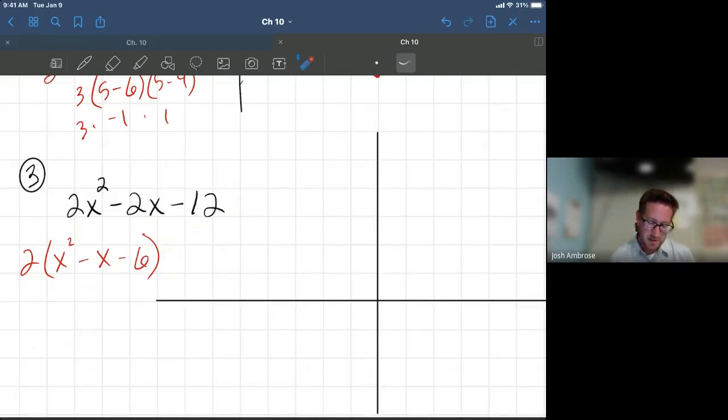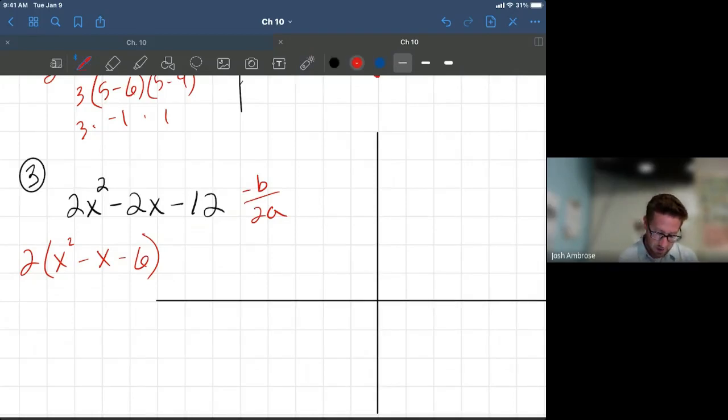Okay, so now let's review. What do we have to do to get the vertex? And what do we have to do to get each of the x-intercepts? Well, to get the vertex, the equation for the trinomial, remember, is -b over 2a. It just so happens that b is already a negative, and when I put that negative with it, it makes b become a positive.